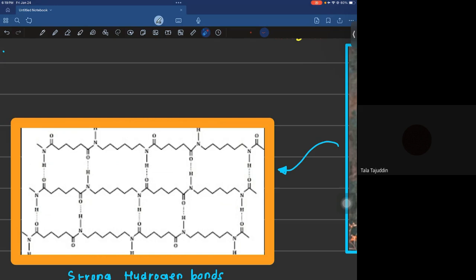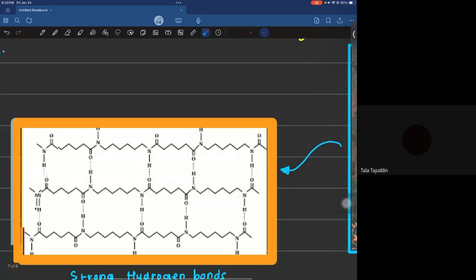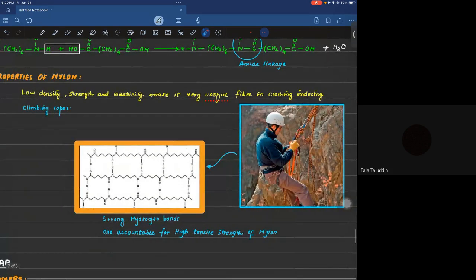Hydrogen bond is at the top of the line, the strongest intermolecular force of attraction. So in nylon, strong hydrogen bonds are present, and that is why nylon is very strong. Basically, we compare the strength of any polymer with its bonding.